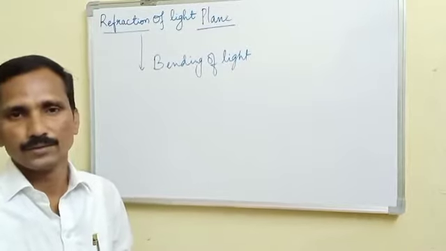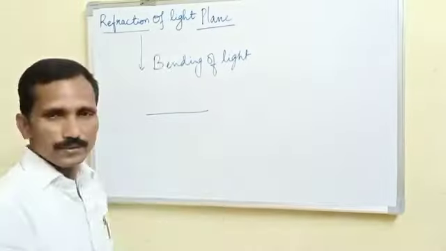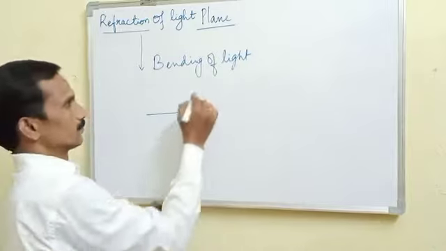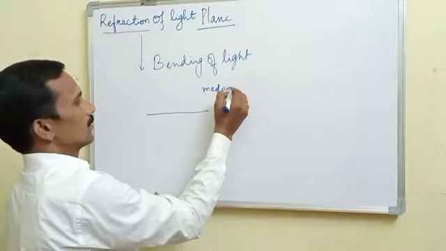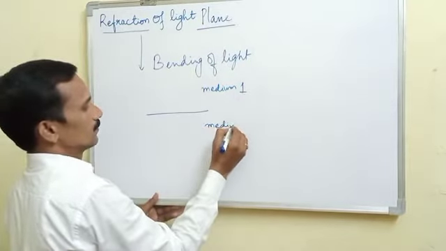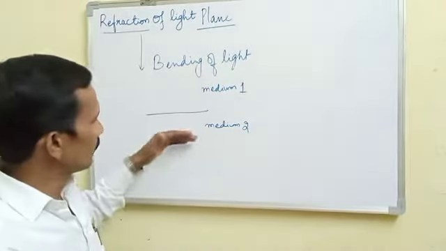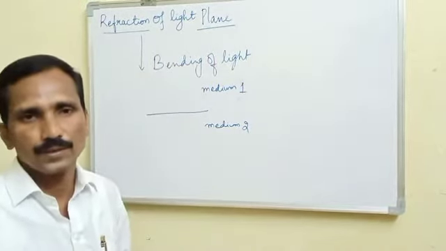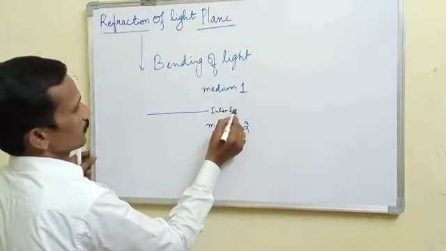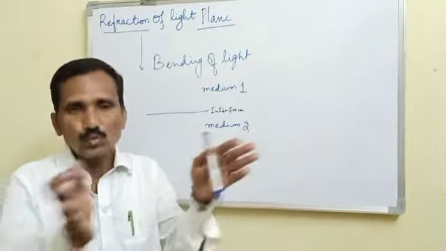When does the light bend? When a light ray enters from one medium to another medium, then at the interface, which means the surface which separates two mediums.